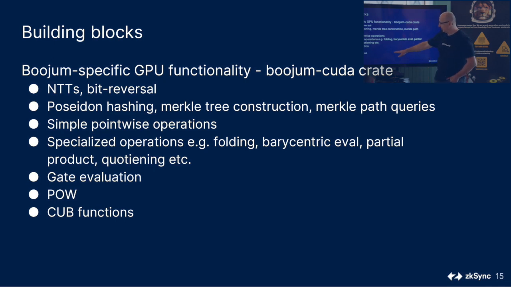So, for example, we use sorting during the generation of the permutation matrix, or we use reductions, for example, when we do the barycentric evaluation, we need to produce a single value. So we just reuse some functions which fit our problem.